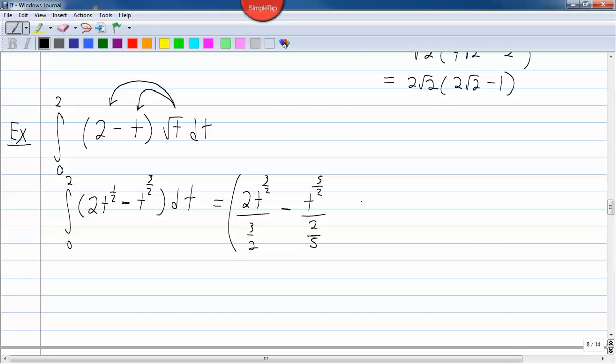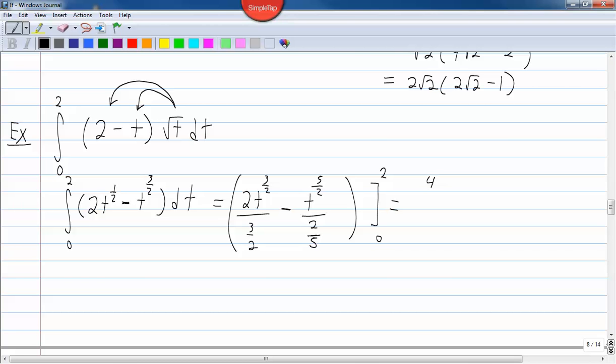Okay. Now I do want to simplify that just a little bit, but then I need to remember I've got to evaluate that from 0 to 2. The way that I simplify that is I flip and multiply the denominator times the numerator.